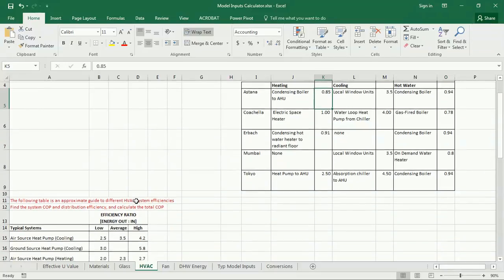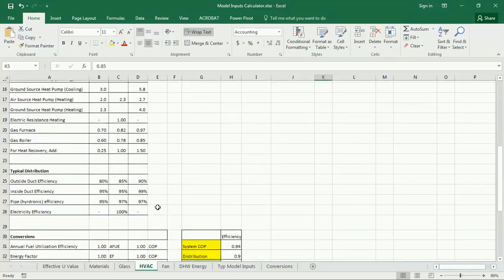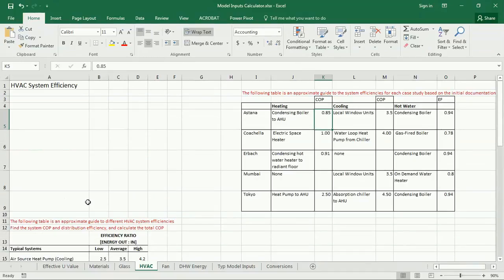I've also got here down to the bottom a good rule of thumb estimator for different system types, different delivery types, and then some conversions between different faceplate markings. So we'll talk more about these towards the end of the semester, but this should be good enough to get you going.